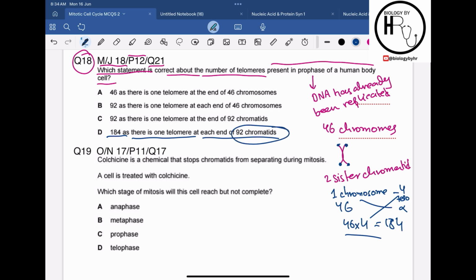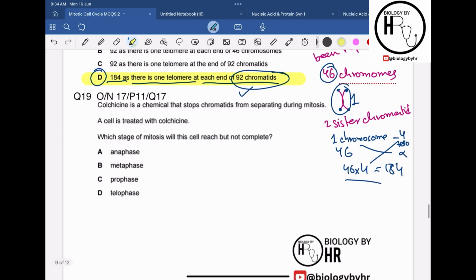Why are they saying 92 chromatids? Obviously one chromosome has two sister chromatids, so 46 chromosomes will have 92 chromatids, right? So hence the correct answer over here would be option D. I hope that this is clear. Now let's move on to question number 19.